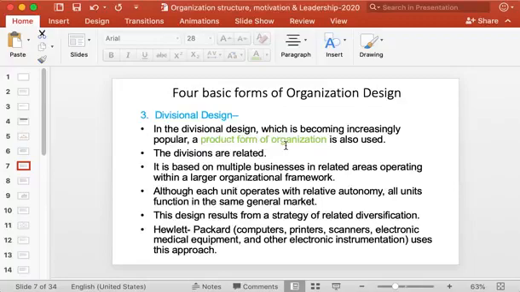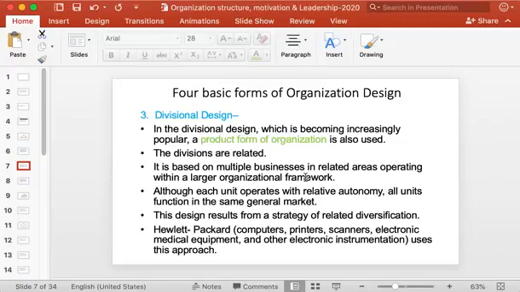But the difference of this design from the conglomerate is that the division of the organization into different departments or units is based on products that are related to each other.